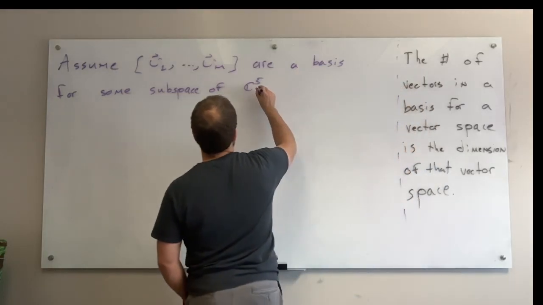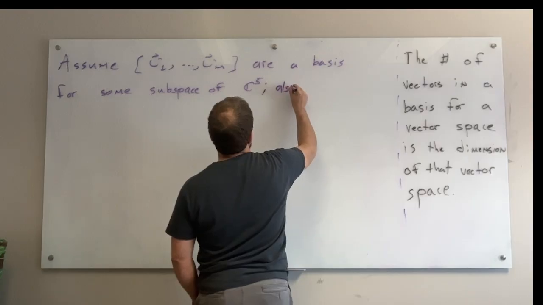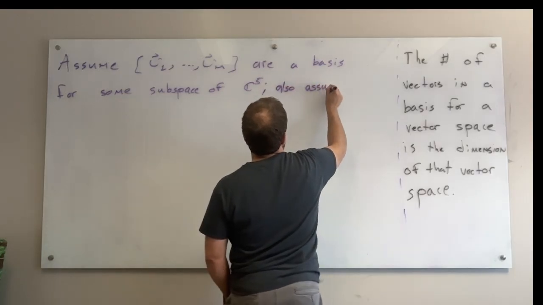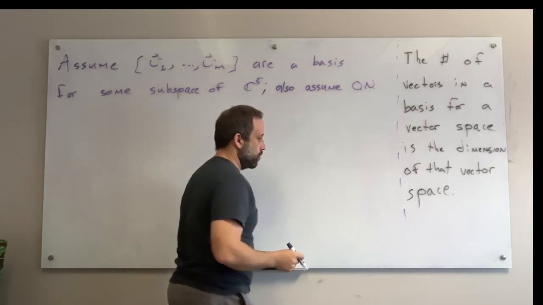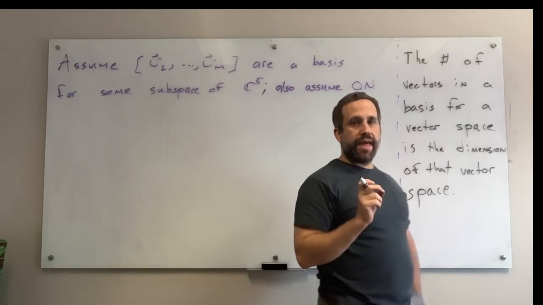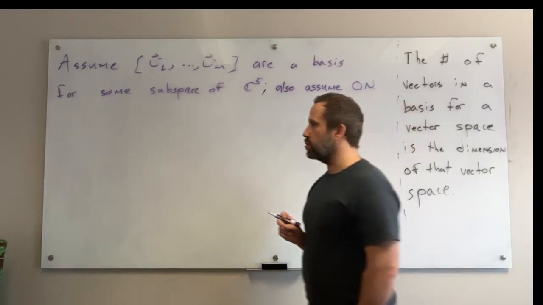Also assume they are ON. ON means orthonormal. So they are orthonormal, meaning they are pairwise orthogonal, and the magnitude of each vector is equal to 1.